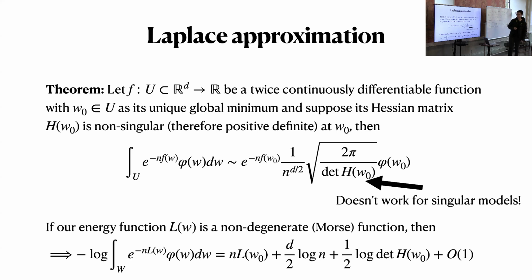So if we apply Laplace approximation to our potential function, we get the following. I'm cheating a little bit here, I'm implicitly replacing L_n with L. The marginal likelihood is an integration over L_n, but L is the expectation of L_n, and for large n they are close enough.